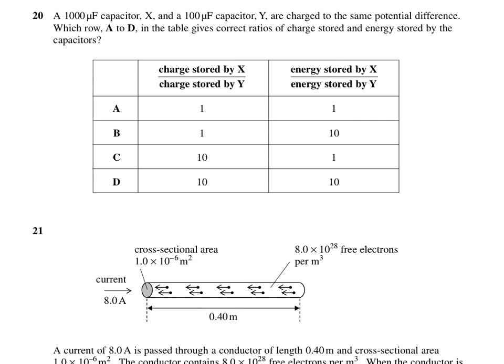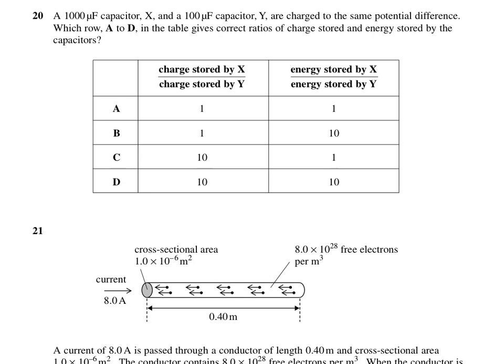A 1000 microfarad capacitor X and a 100 microfarad capacitor Y are charged with the same potential difference. Which row A to D in the table gives correct ratios of charge stored and energy stored by the capacitors? Okay, so capacitance is the charge stored per unit volt. So if they're charged by the same potential difference, the charge would be in the ratio of their capacitances.